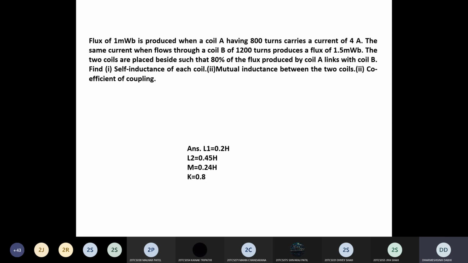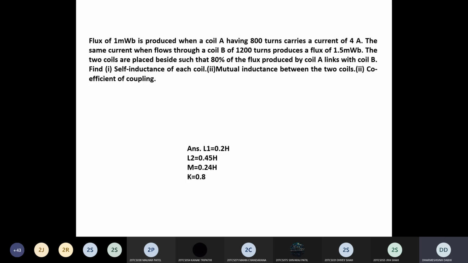Have all of you calculated this example? So I move to the next slide. Yes or no? Yes, sir.